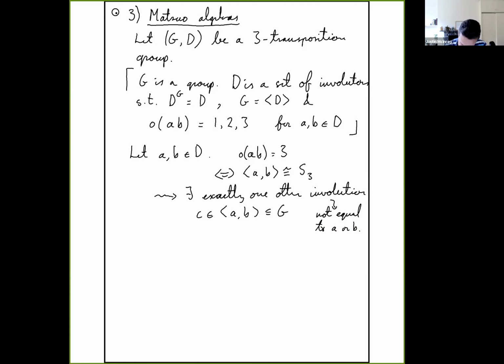So, okay, I'm now ready to give you the definition. So let M eta of G be the algebra spanned with basis D, and I need to tell you what the multiplication is.